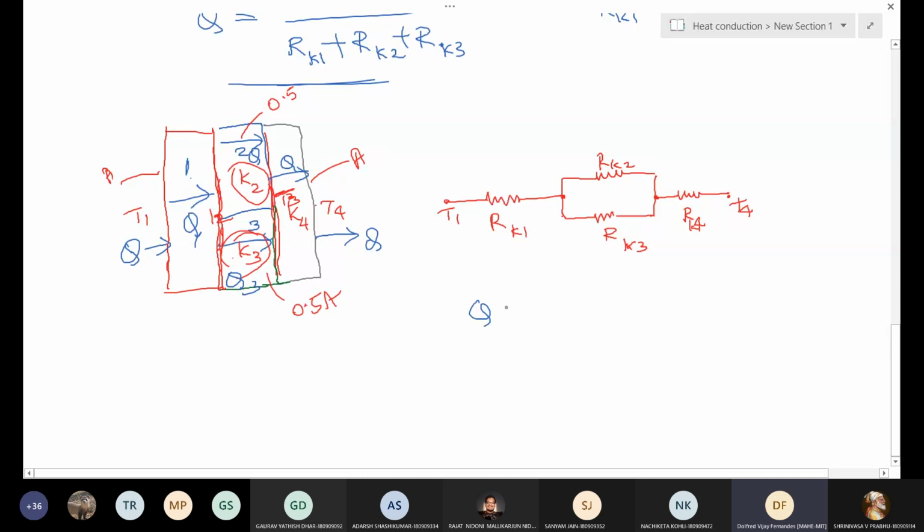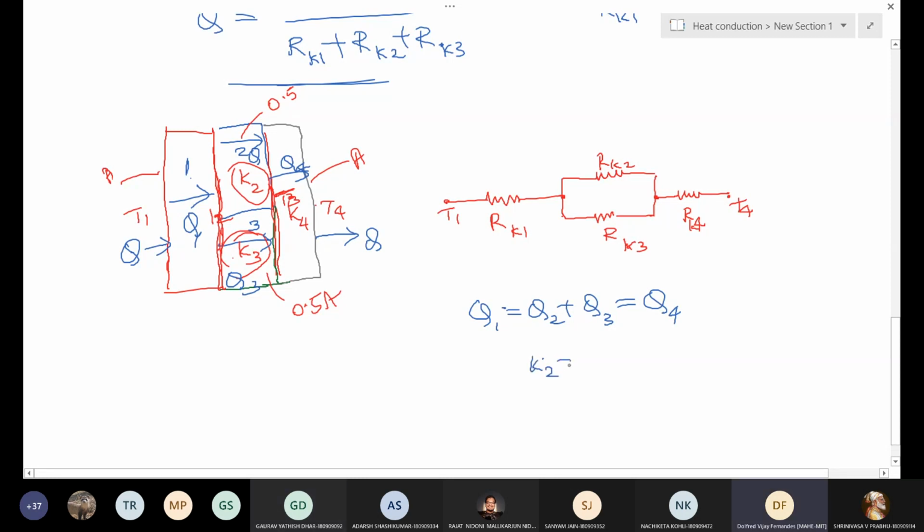So Q1 equals Q2 plus Q3 equals Q4. So the 2 and 3 will be equal, is it? No. How come? Only if K1, K2 and K3 are equal, then it is the same.